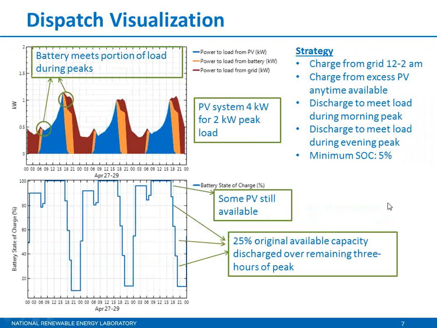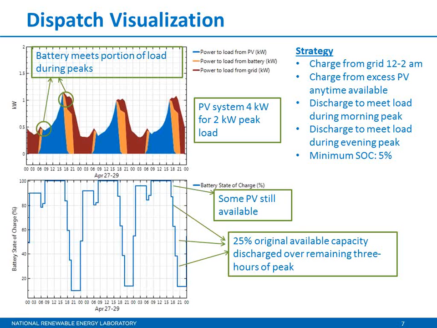This slide illustrates a little more about what the dispatch controller does and how to visualize what it's doing. This top left is a representation of what power source is going to meet the load. You have power to load from the PV, from the battery, or from the grid. In the peak hours where those green circles are, that's your morning peak and then an afternoon peak.